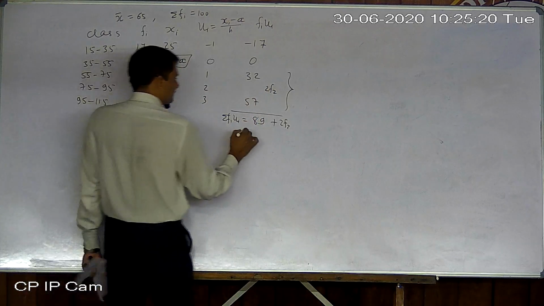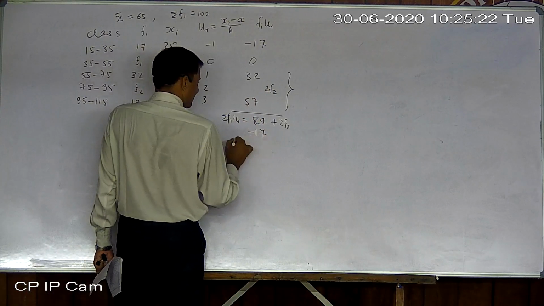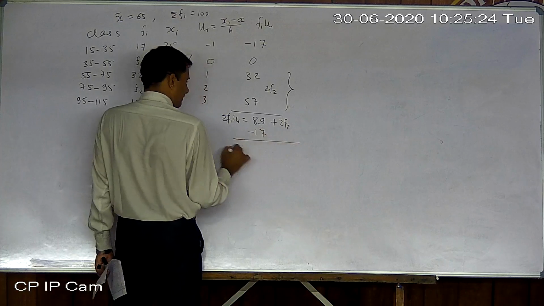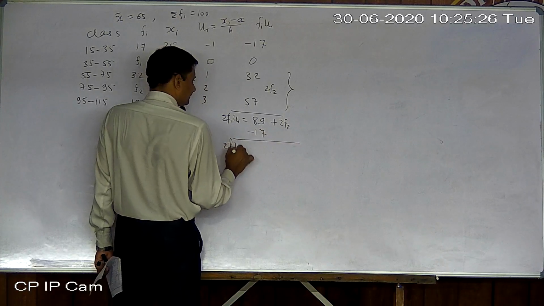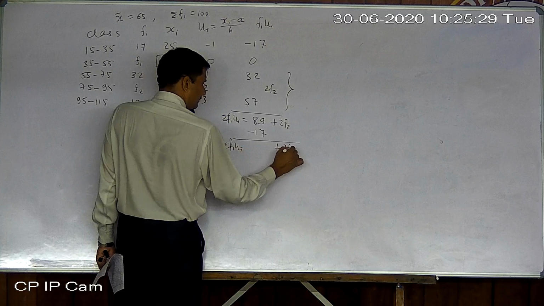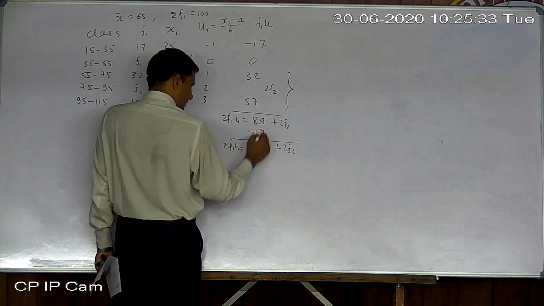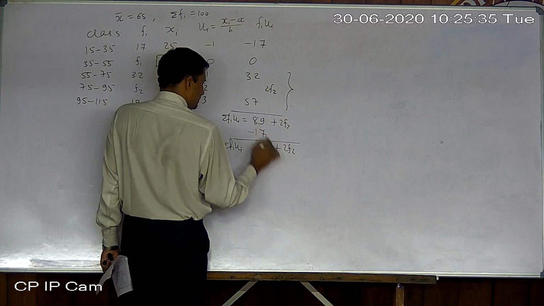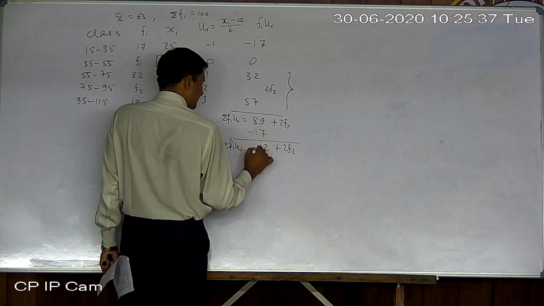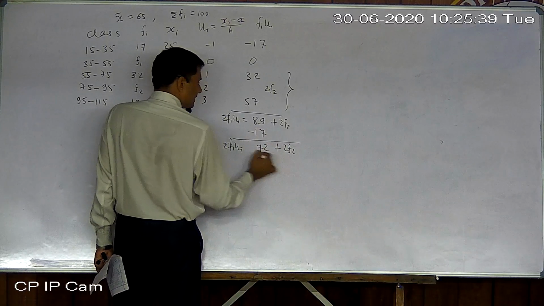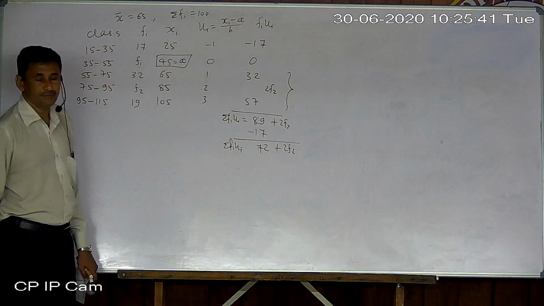Now that number is -17. So finally sigma fi ui will become plus 2f2 as it is, because there is no second term of f2. Now it is 9 minus 7, 2 and 8 minus 1, 7. So we got 72 plus 2f2 as sigma fi ui.